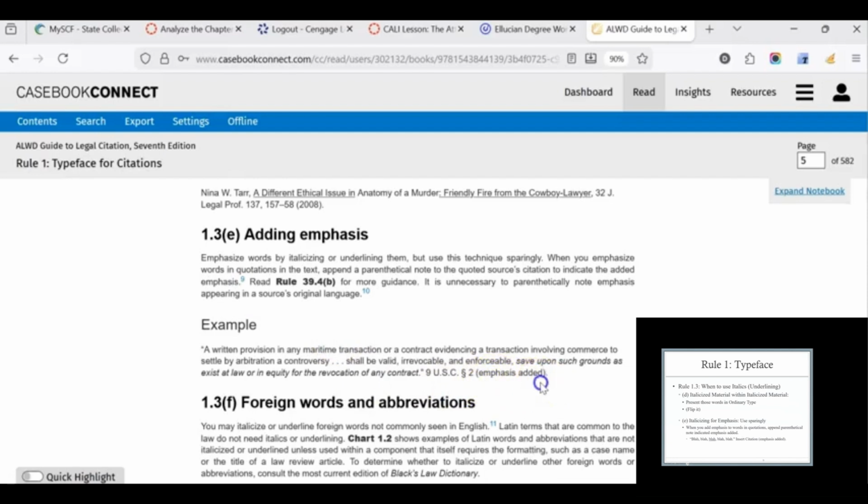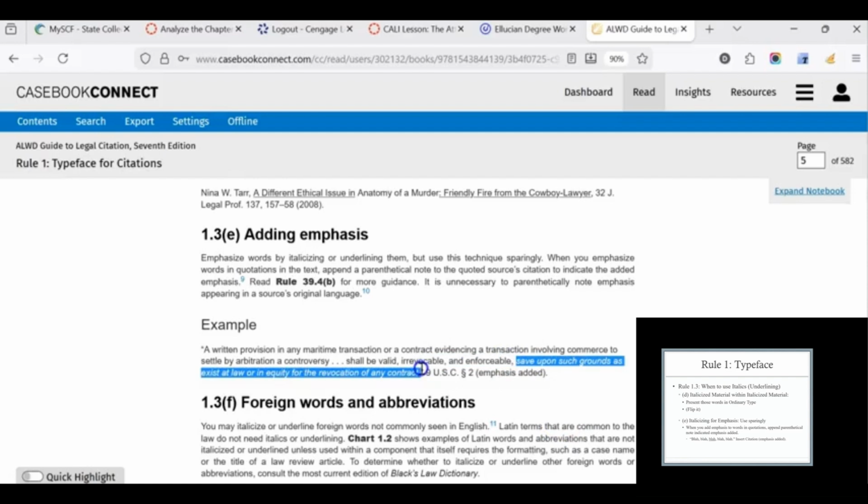So if you look at the example in the book, it ends with emphasis added in parentheses with a period at the end. That means something inside the quote was changed so that you would pay attention to what it is. You can either underline it or italicize it.